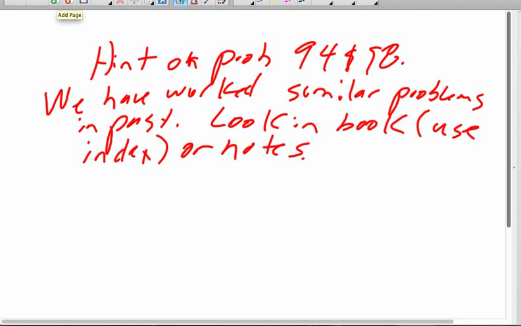So the second algebra commandment of calculus. This is the algebra commandment of calculus.